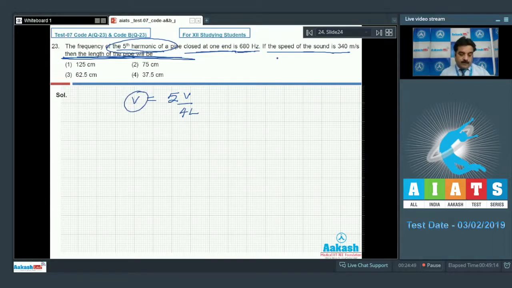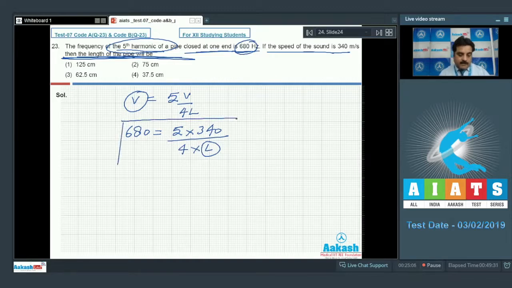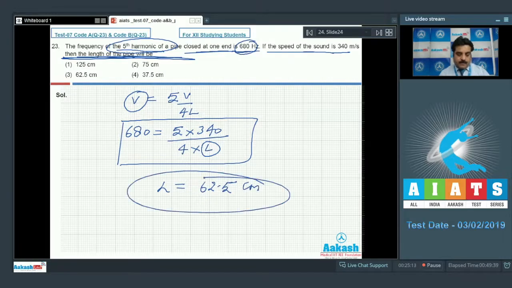You have the value of V. The frequency of the fifth harmonic was 680. So you will write here 680 equals 5 times speed, that is 340, over 4 times L. You can see L is the only unknown variable. So by this expression you can solve for L. On solving you will get 62.5 centimeter.